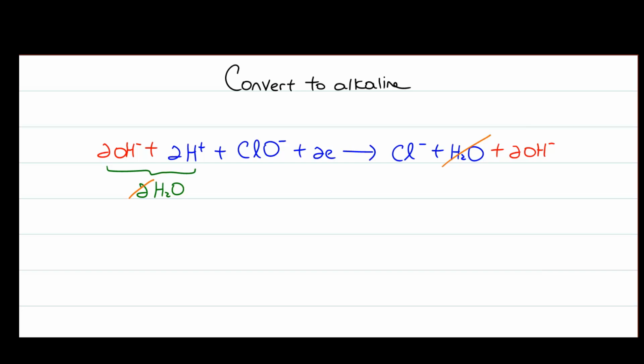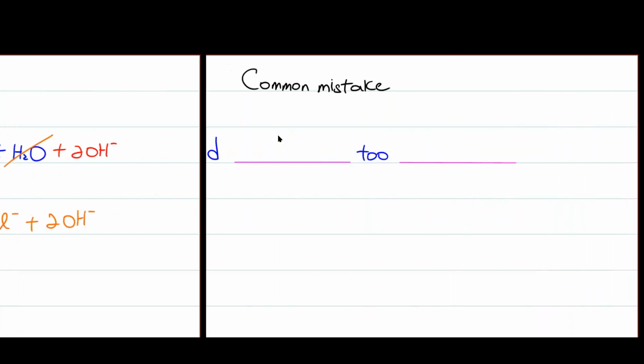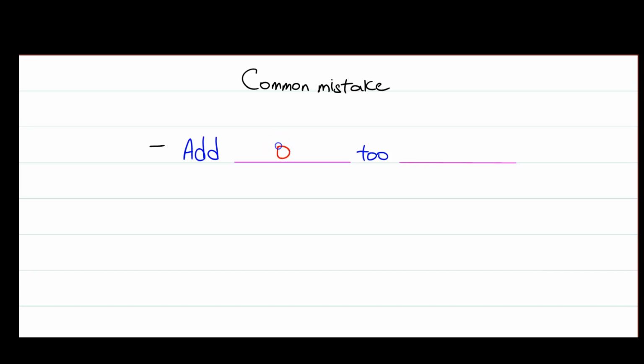So the final alkaline half equation is this: hypochlorite ion plus water plus 2 electrons gives chloride plus 2 hydroxide ions. A very common mistake is trying to add hydroxide ions too early. That usually makes the balancing messy.